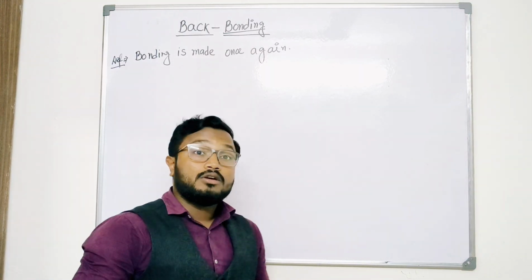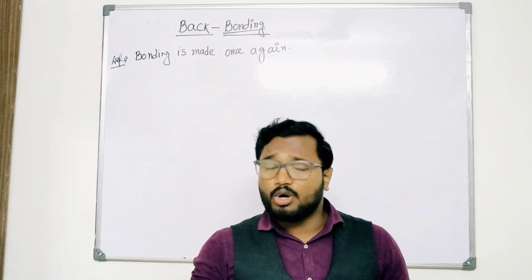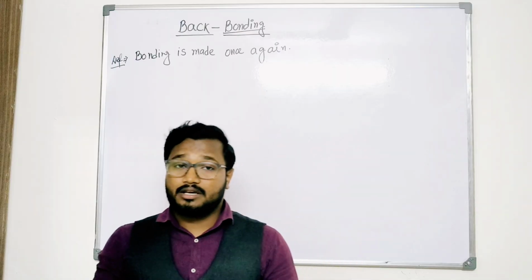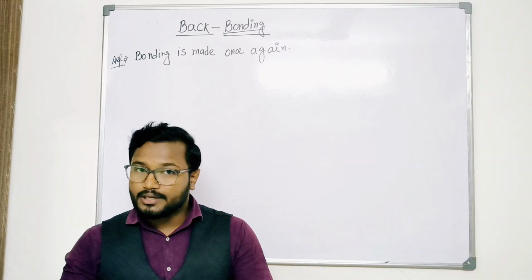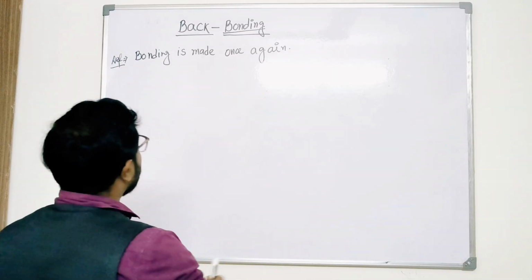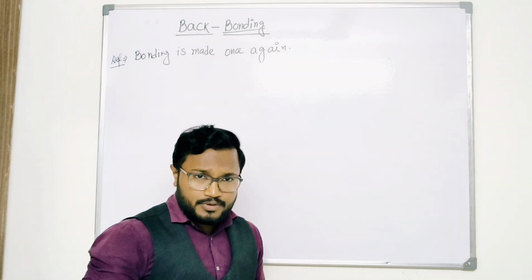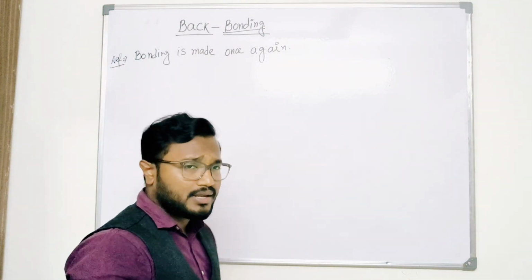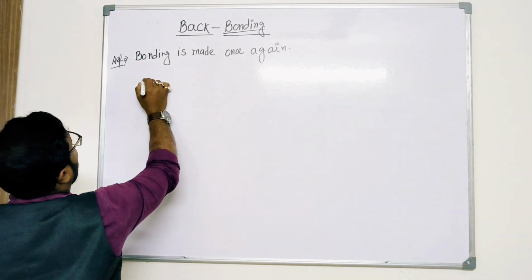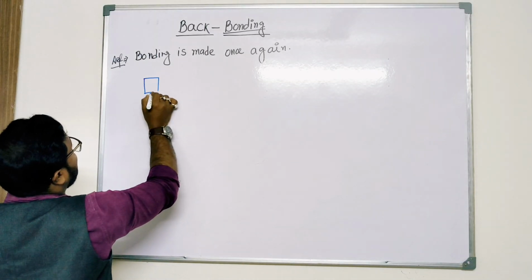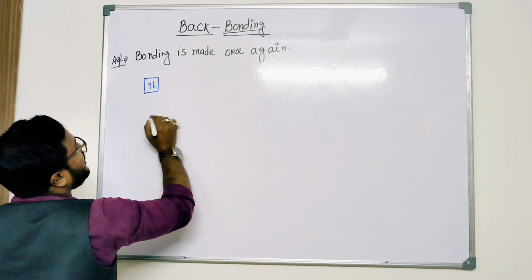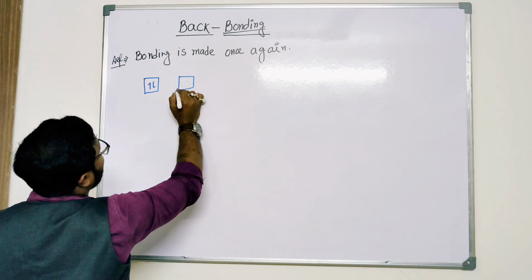So, which types of compounds or which types of orbitals are going to make back bonding? Let's see. Before knowing back bonding, we need to know about coordinate bonds. So, what is a coordinate bond? Let's understand. One orbital is completely filled, another orbital is vacant.